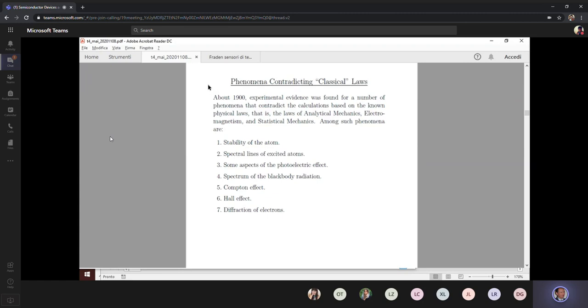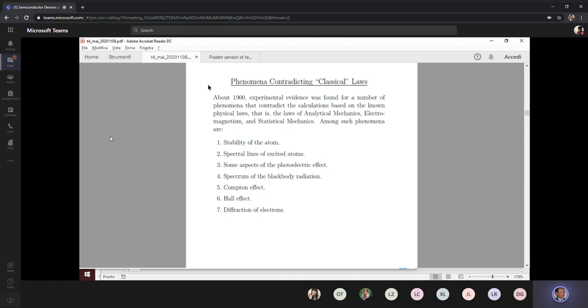But thanks to the improvement in the ability of setting up experiments, which were more and more refined at that time, they started finding phenomena that were not explained by the known physical laws.